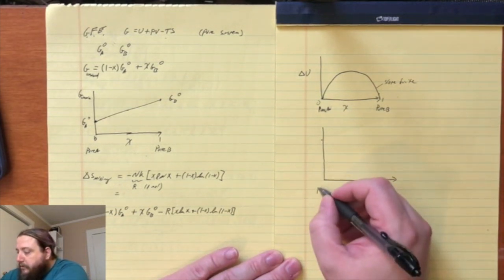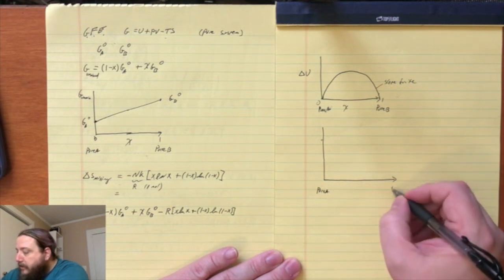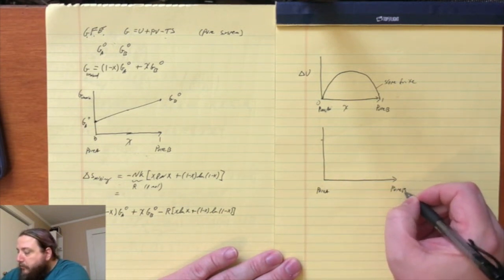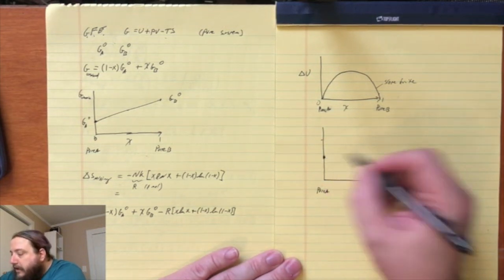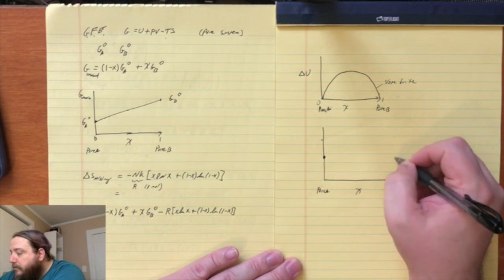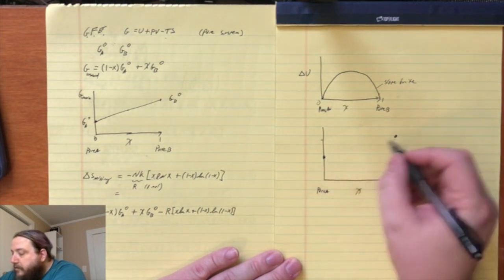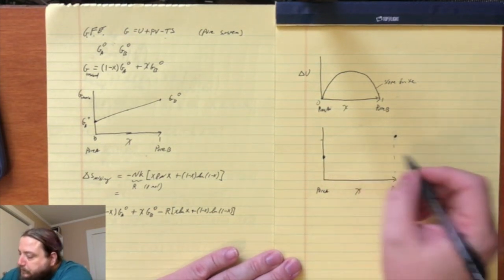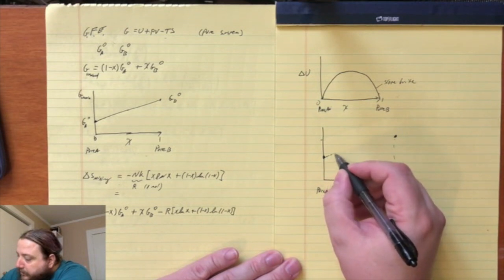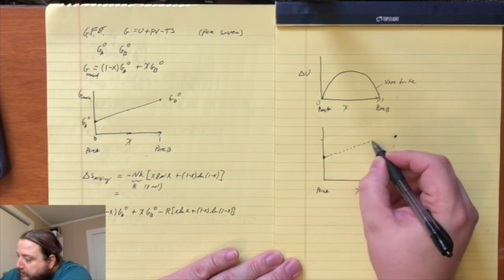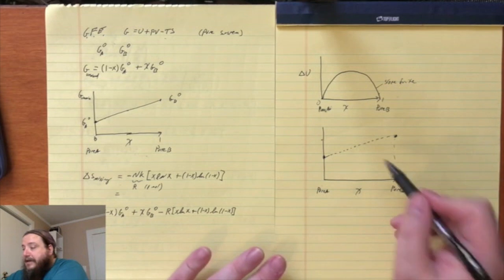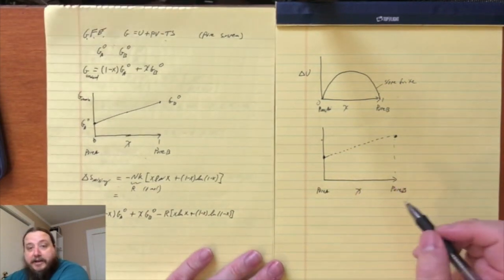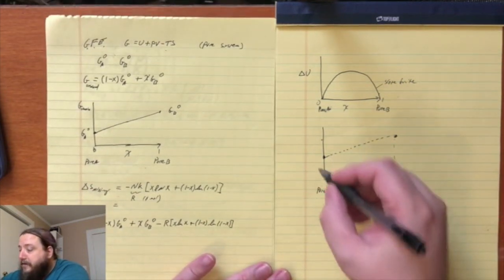All right, so again, pure A over here, pure B over here. So there's our fraction. And if those are the unmixed fraction points, then this dotted line here represents an unmixed combination of A and B. So along here, this is the Gibbs free energy for the system in its unmixed state.